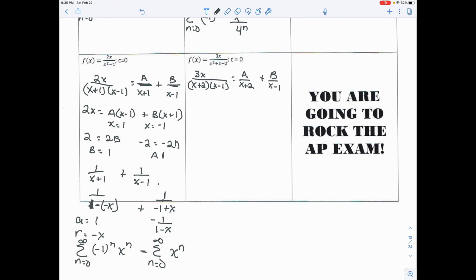Finding A, so 3x is equal to A times x minus 1 plus B times x plus 2.